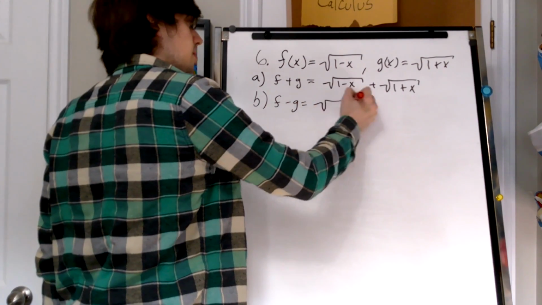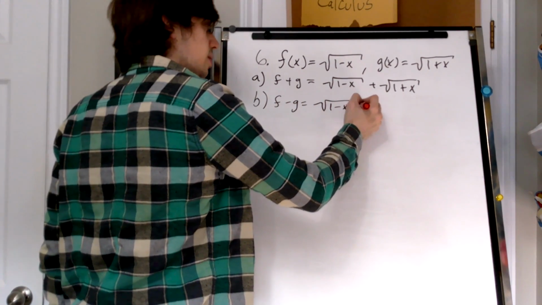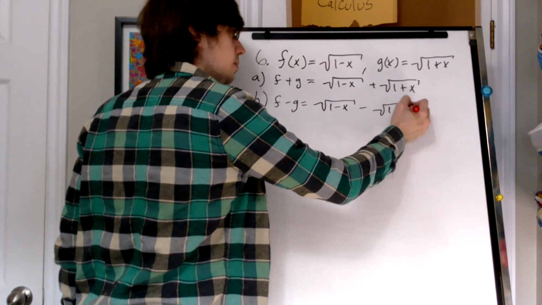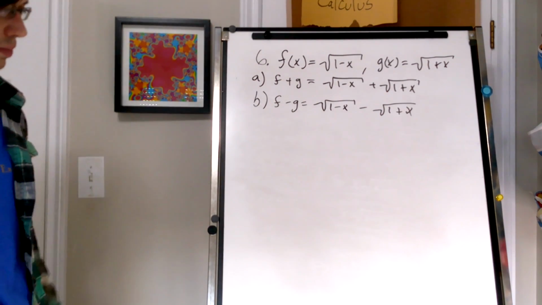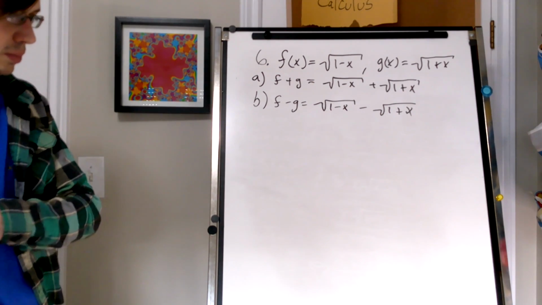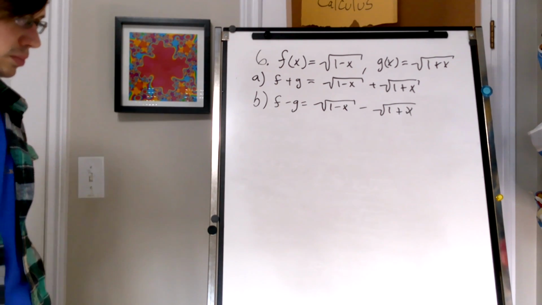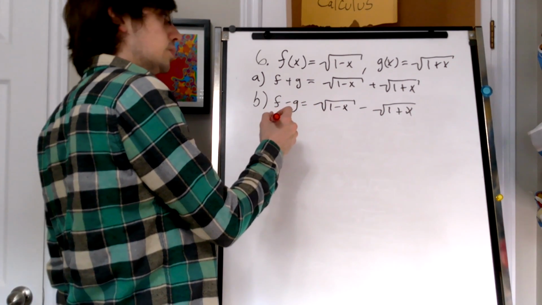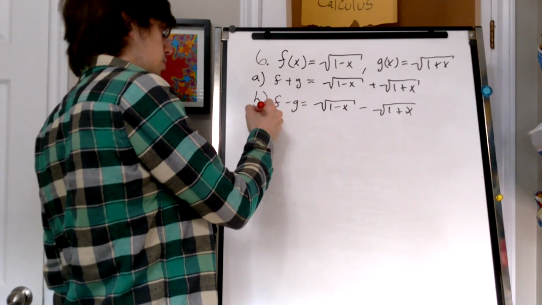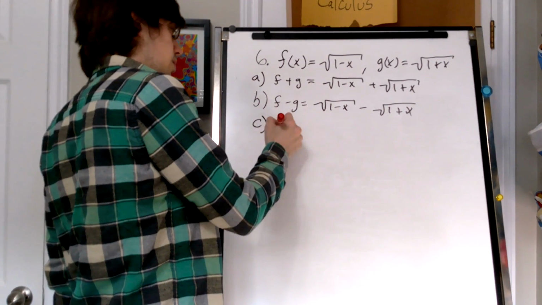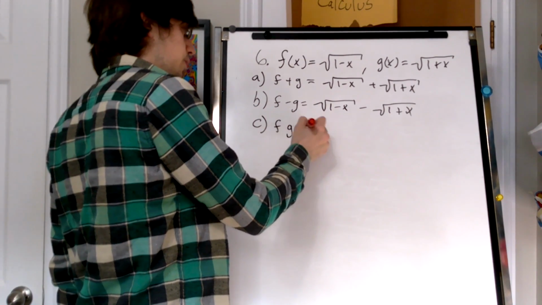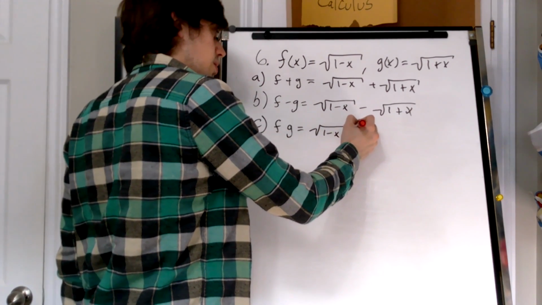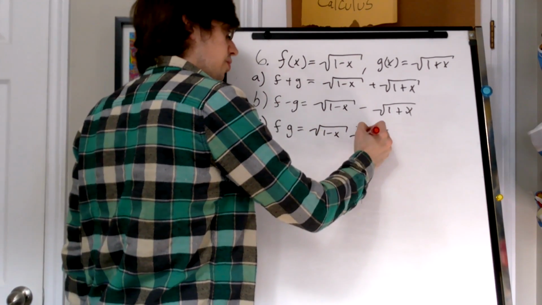It's the same thing, except we get minus the square root of 1 plus x. C, f times g, square root of 1 minus x times square root of 1 plus x.